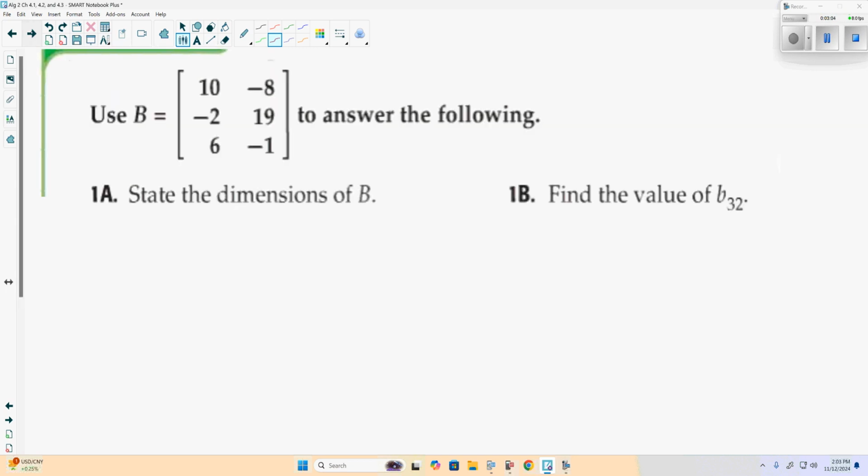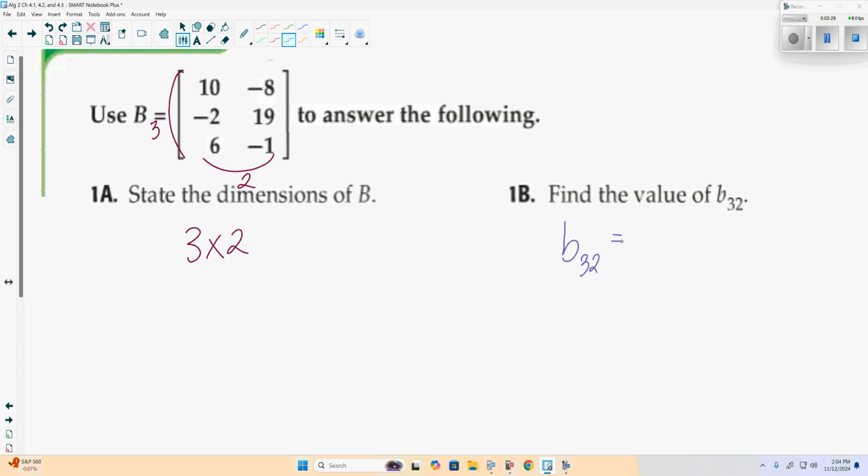Let's look at the next one. Matrix B is given here. We want to find its dimensions. 3 rows, 2 columns. 3 by 2. Now we want to find the value of element b3,2.